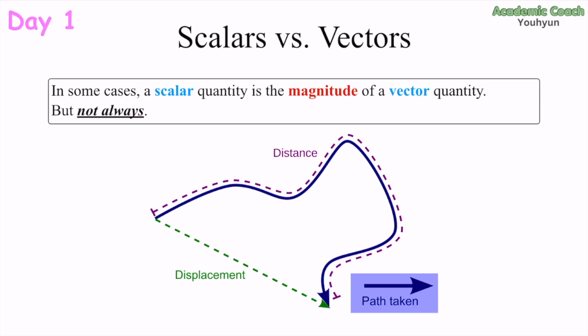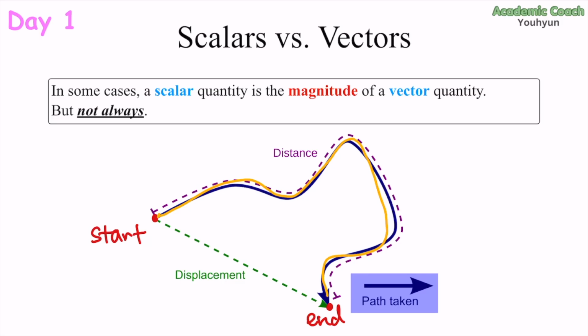Sometimes a scalar quantity is not the magnitude of a vector quantity related to it. For example, now we can compare distance to displacement. This is the starting position, and this is the ending position. Then I'm going to move along this yellow path. The total length of this yellow line would be the distance.